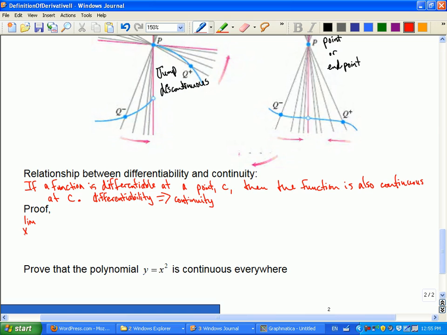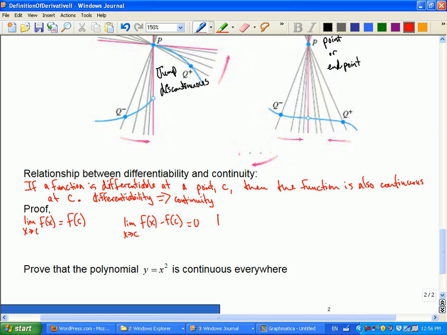What we want is the limit as x goes to c of f of x to be equal to f of c, right? That's continuity. Now, then what I can also say is the limit as x goes to c of f of x minus f of c has got to be equal to 0.